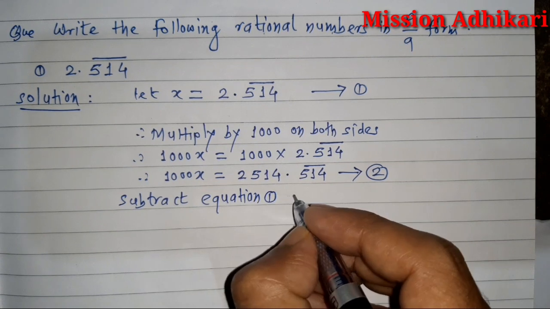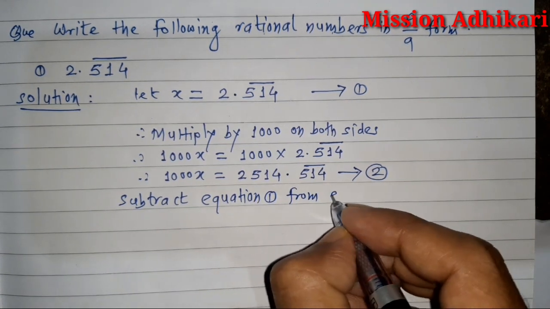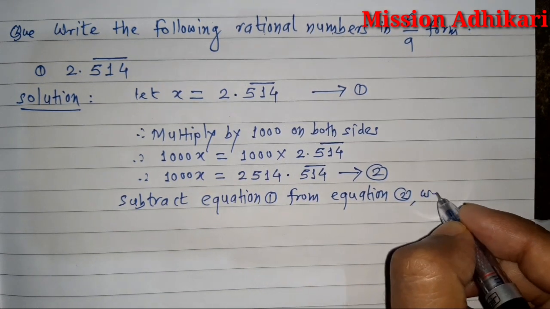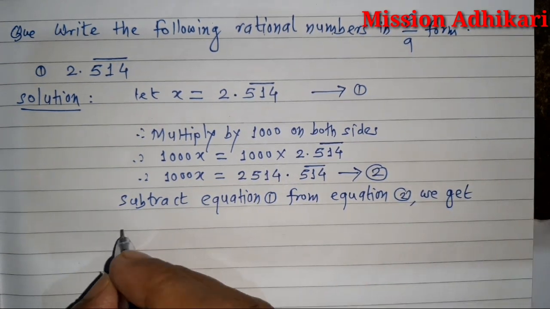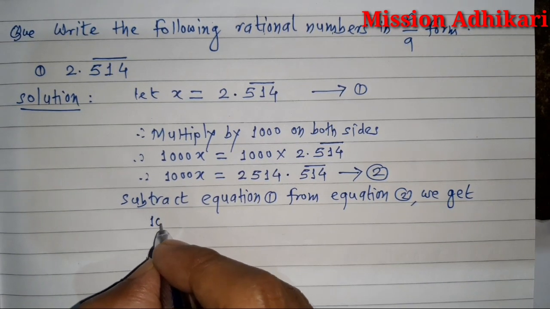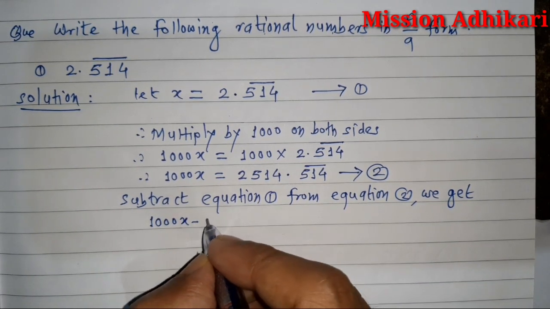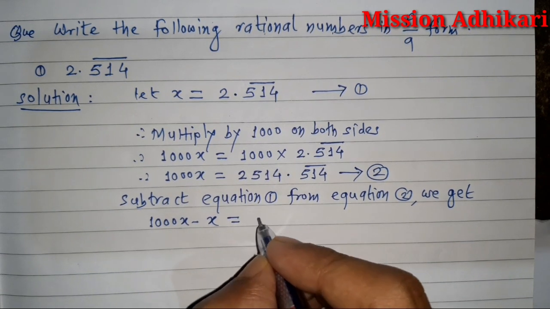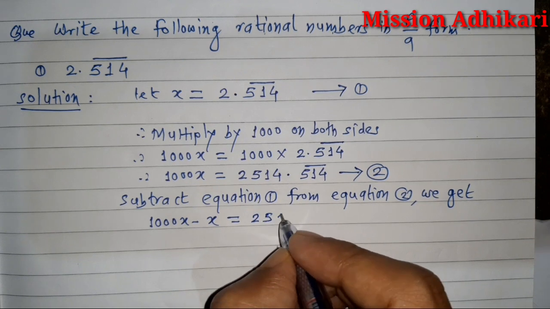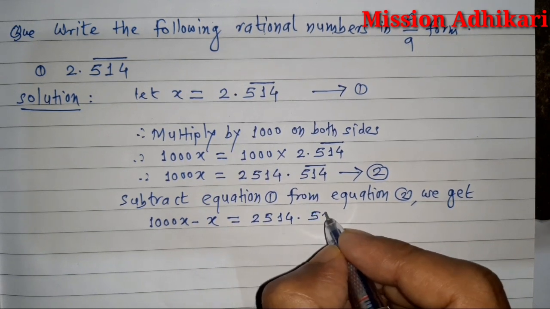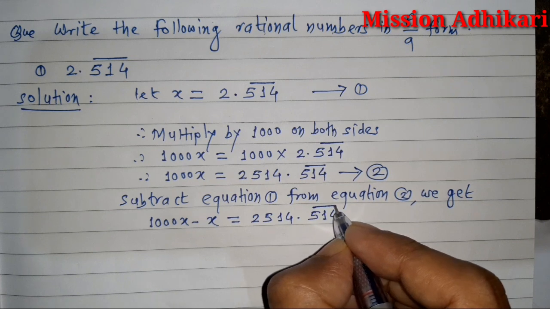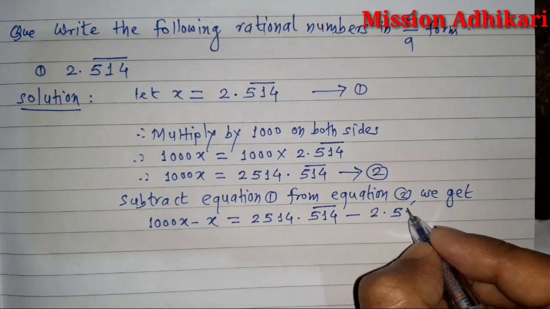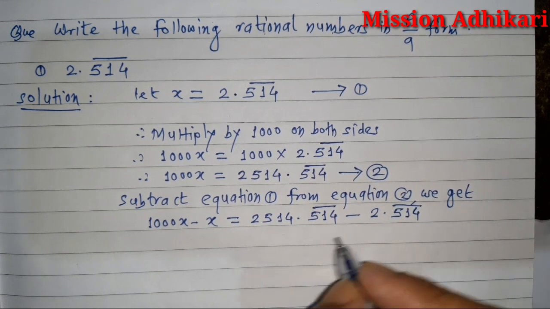We get on the left hand side 1000x minus x, x means 1x, is equal to 2514.514 recurring minus 2.514 recurring.